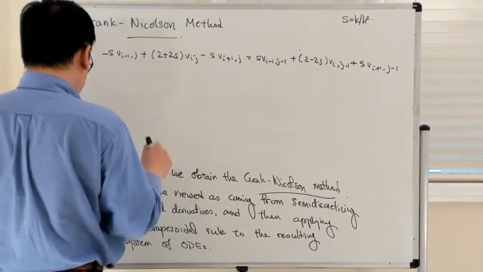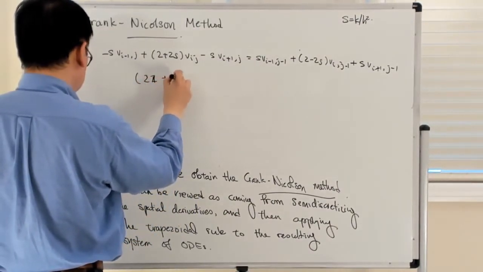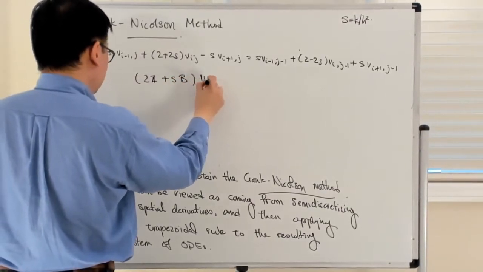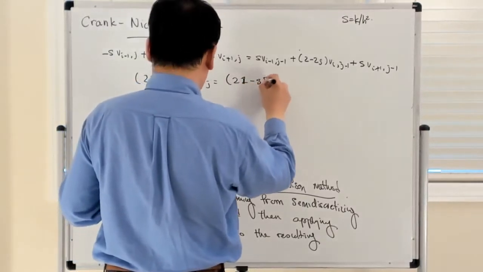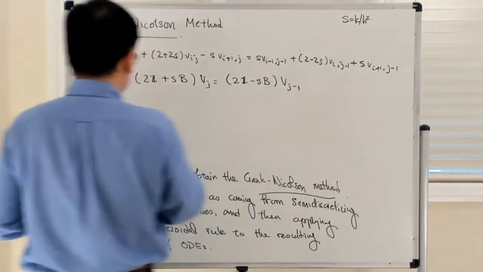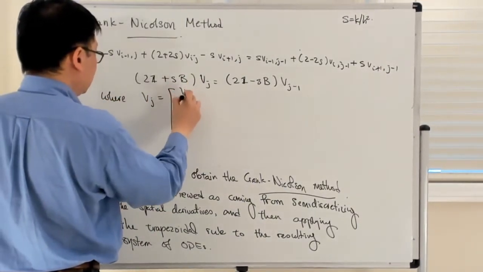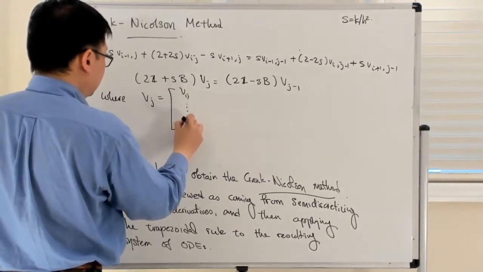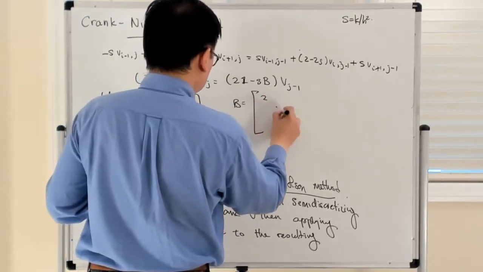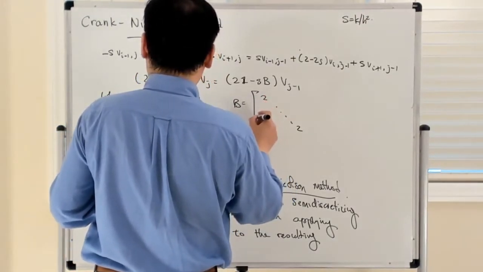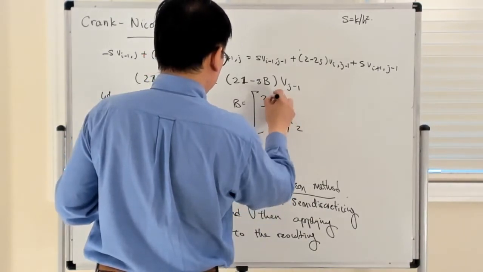And when you do that, you can write this equation as (2 times the identity plus SB) V_j is equal to (2 times the identity minus SB) times V_{j-1}, where V_j is this vector of v_{1,j} all the way up to v_{n,j}, and B is this matrix involving 2's along the diagonal, and then a minus 1 above and below that.